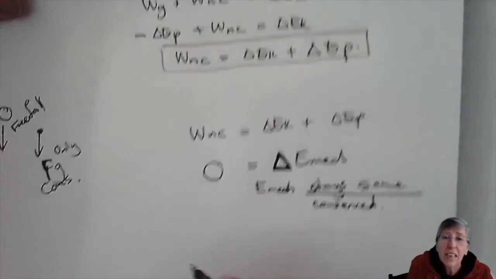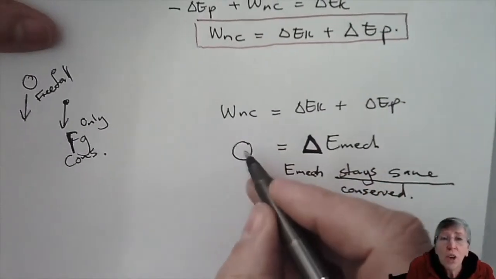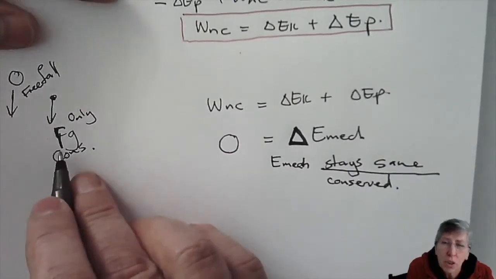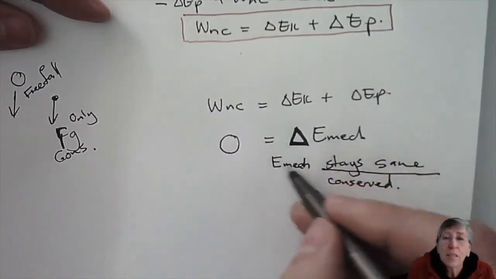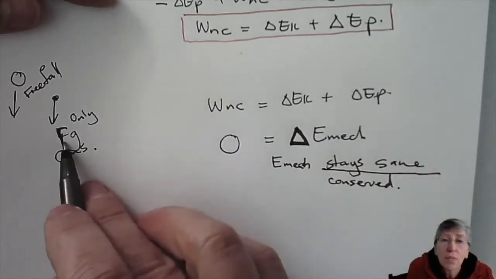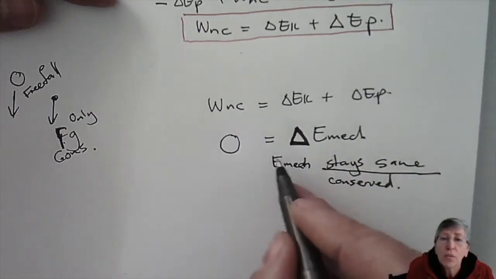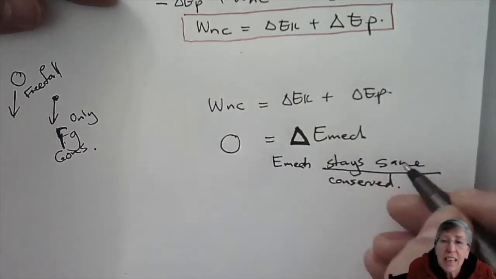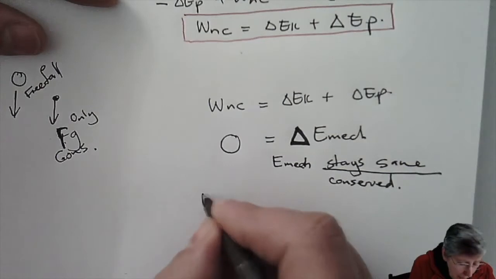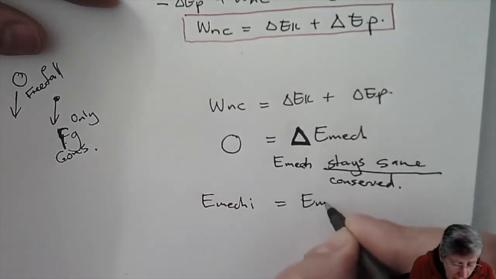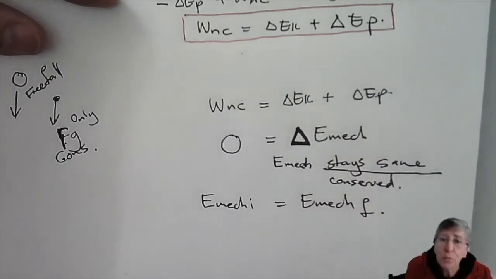It stays the same. So if there's no non-conservative forces, if I've only got my gravity, my conservative force, then it tells me that mechanical energy is conserved. So my conservative force is conserving my mechanical energy. And if it doesn't change, if it stays the same, it means my mechanical energy before is equal to the mechanical energy after the movement, right?